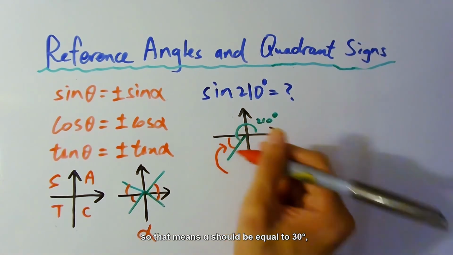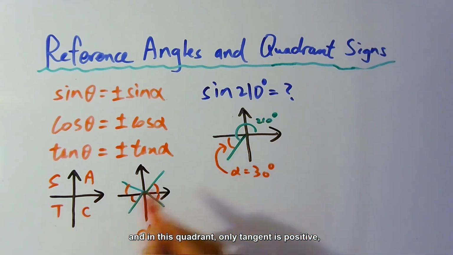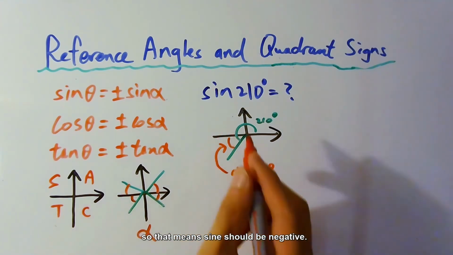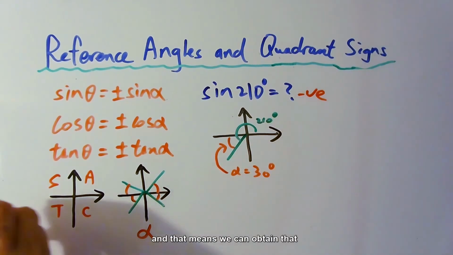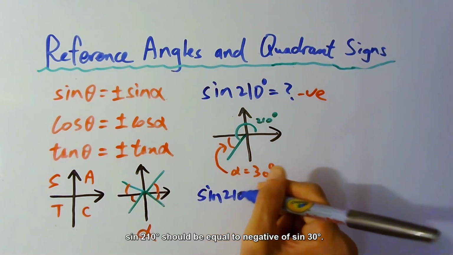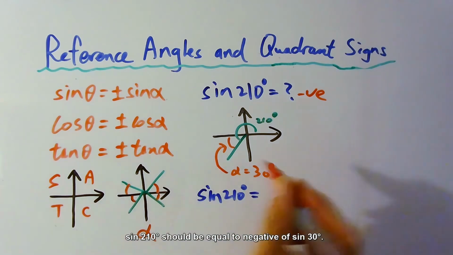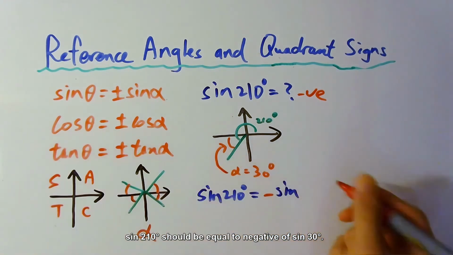So that means alpha should be equal to 30 degrees. And in this quadrant, only tangent is positive. So that means sine should be negative. And that means we can obtain that sine 210 degrees should be equal to negative of sine 30 degrees.